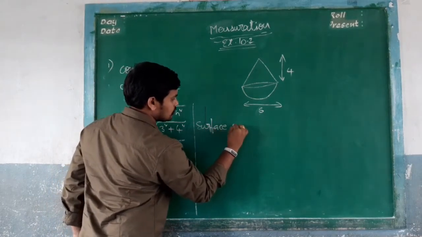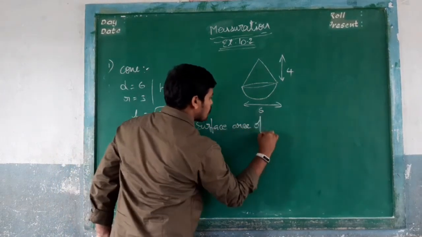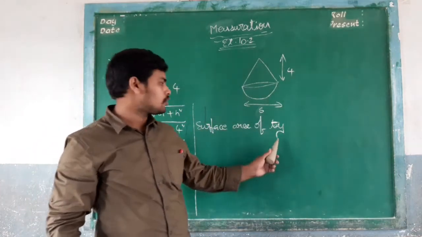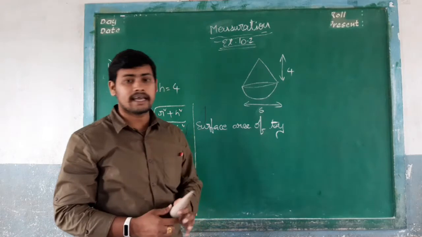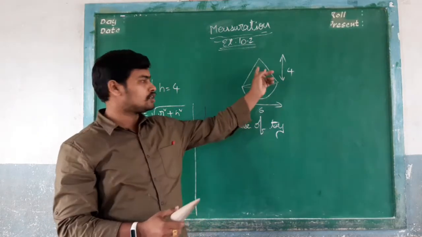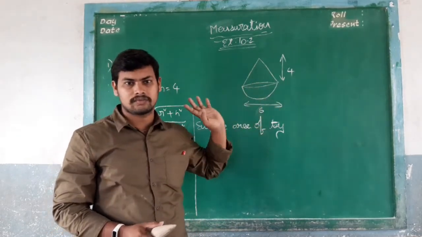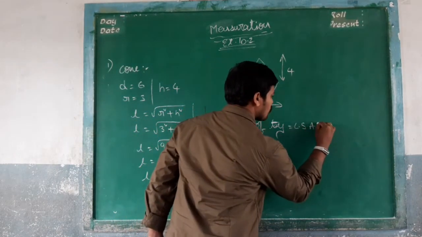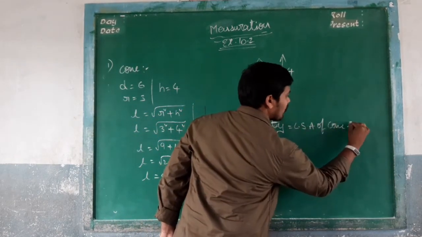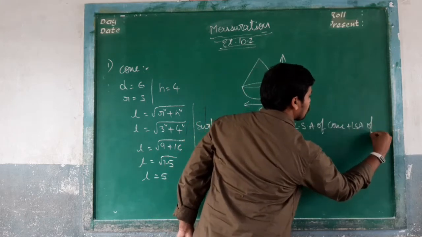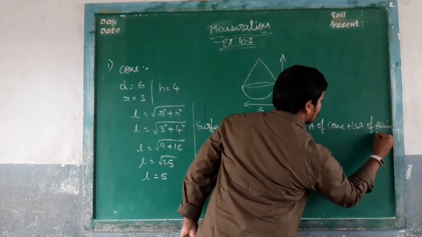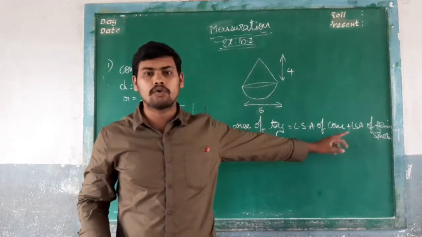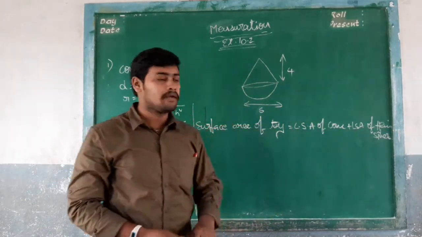Surface area of the toy. I can directly add these two lateral surface areas. So lateral surface area of the cone plus lateral surface area of the hemisphere.